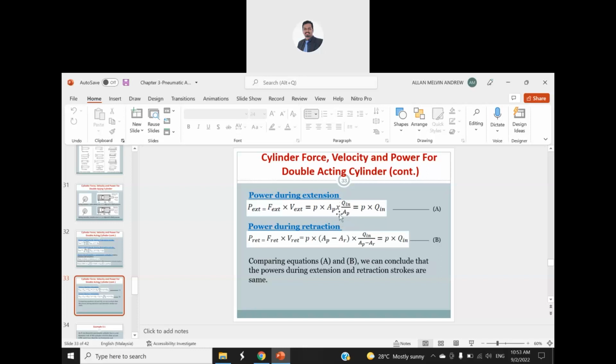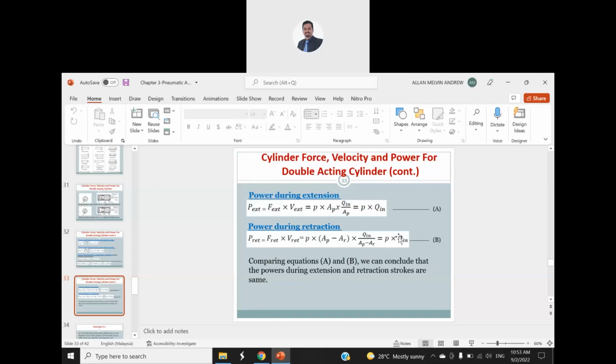So no matter what area you are given here, it will cancel each other. And at the final power calculation, only the pressure and the flow rate are taken into consideration, without considering how much area is covered.